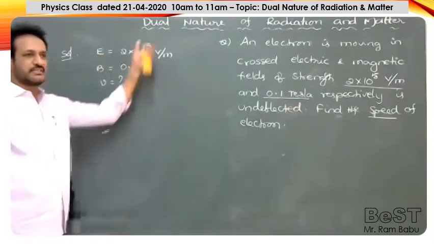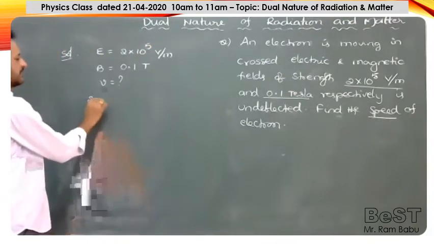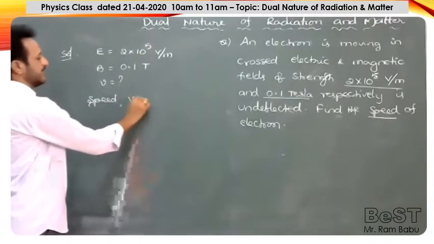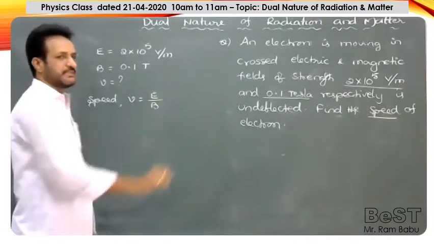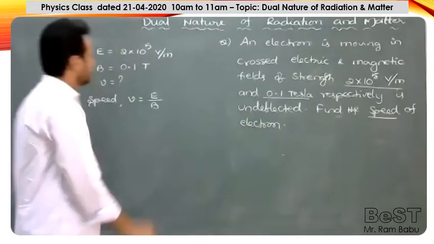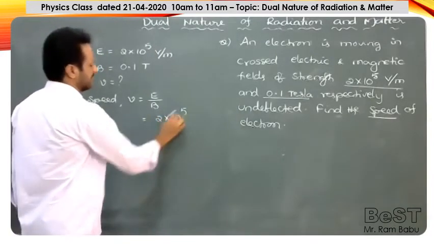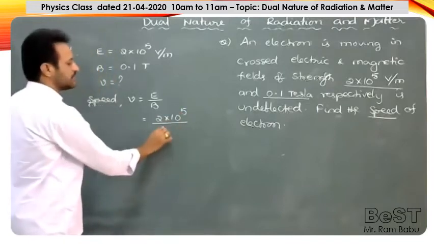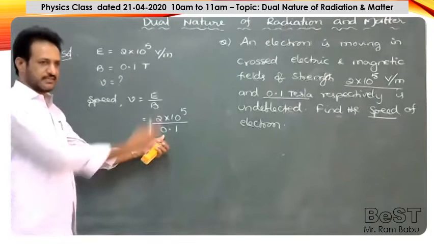So related to this data, check the formula. Speed of the electron v is equal to E by B, strength of the electric field by strength of the magnetic field. Here for E, I am writing 2 into 10 to the power of 5 divided by 0.1. 0.1 we can write as 10 power minus 1 and take it to the numerator.